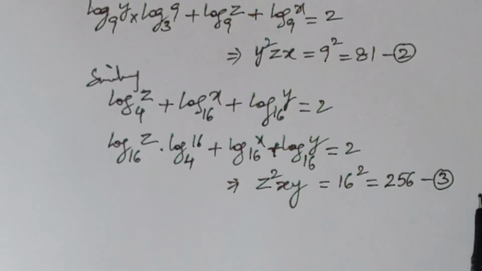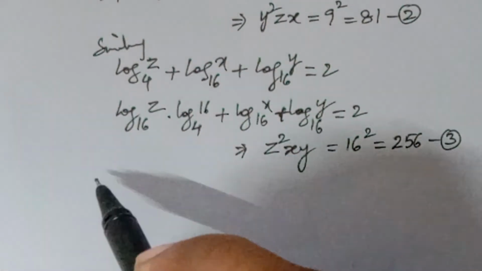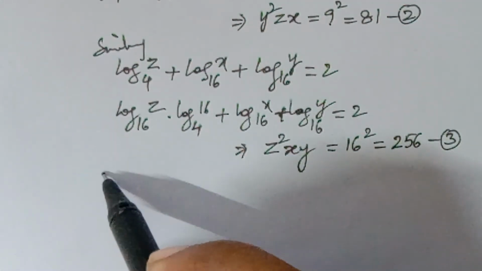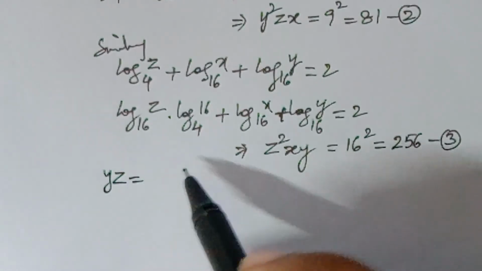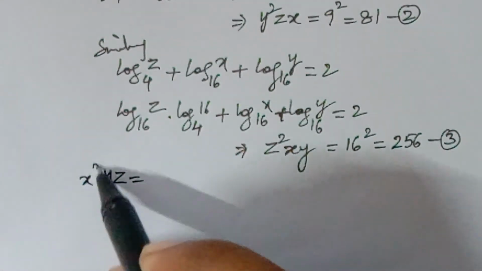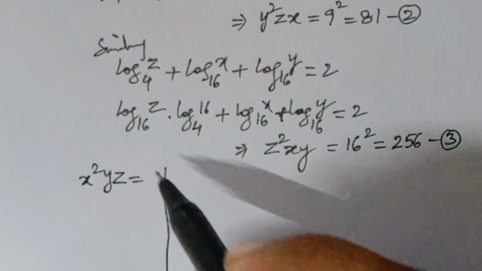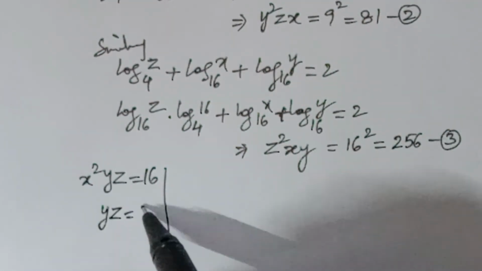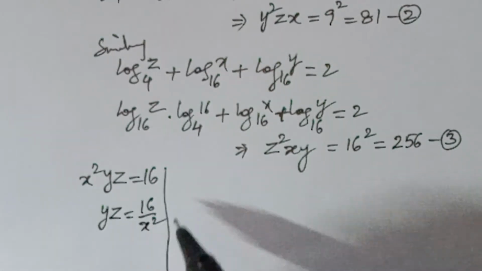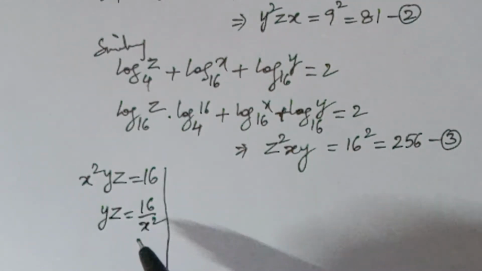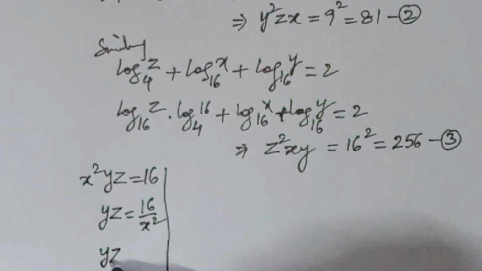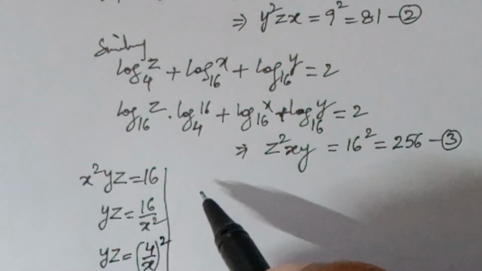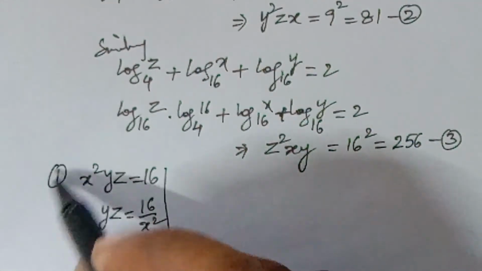From the first one, x square yz equal to 16, yz is equal to 16 by x square. You can write yz is equal to 4 by x whole square.